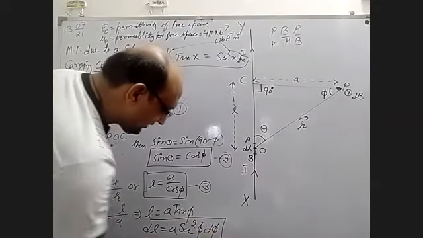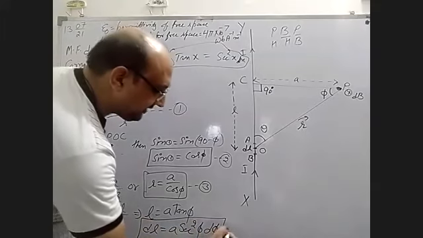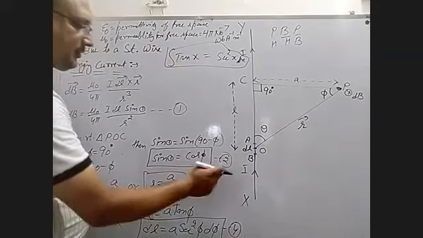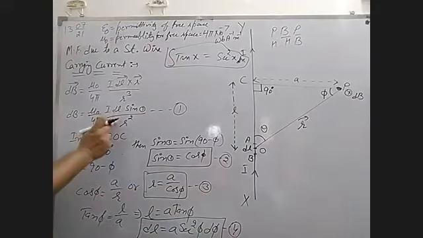Now this is your next value of dl, equation 4. Now put the values of 2, 3 and 4 in equation 5.